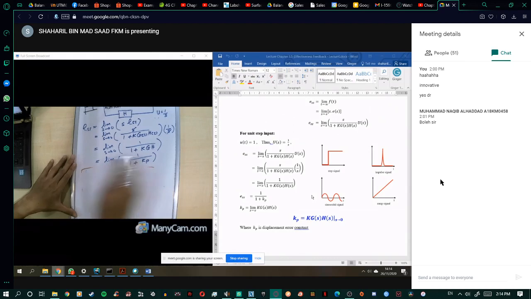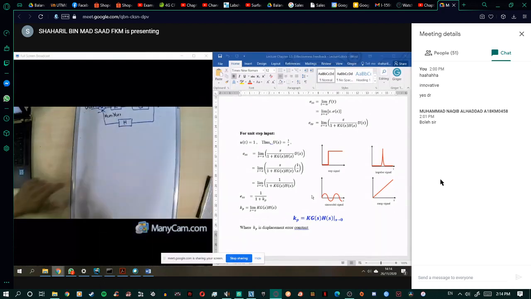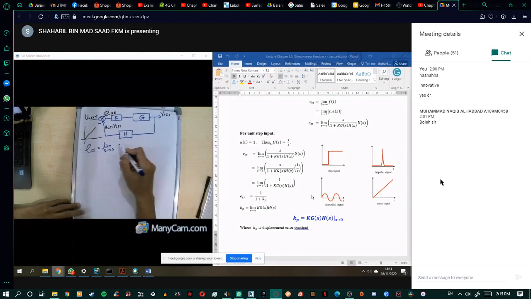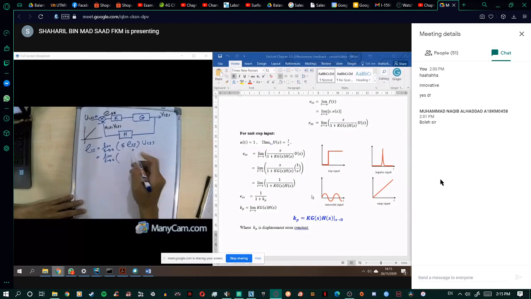Okay, good. So now let's say you apply the ramp input. The input now will be different. We just focus on a certain input. So now what you have here is ess equal to limit s going to 0 of s E(s), which is limit s going to 0 of s times U(s) over 1 plus KGH.